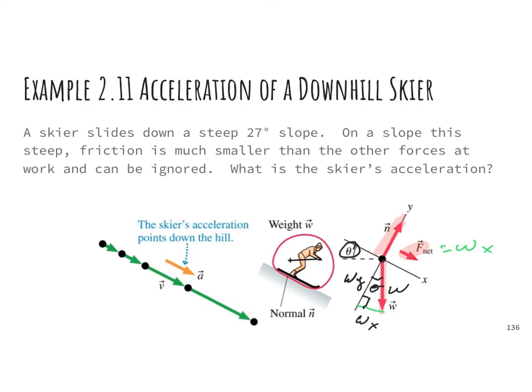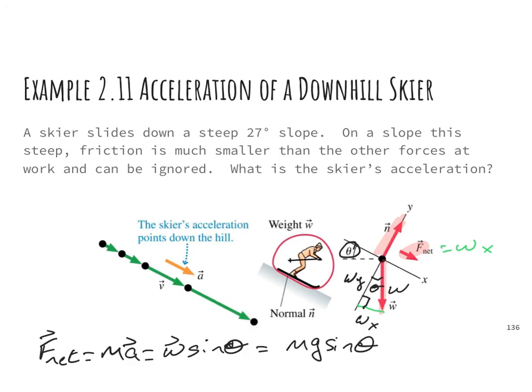So anytime we use opposite, we're going to of course use sine. So my net force is going to be equal to mass times acceleration, and in this case it's going to be the weight force times the sine of theta. Well, that equals mg sine theta. It's the x component of the weight.